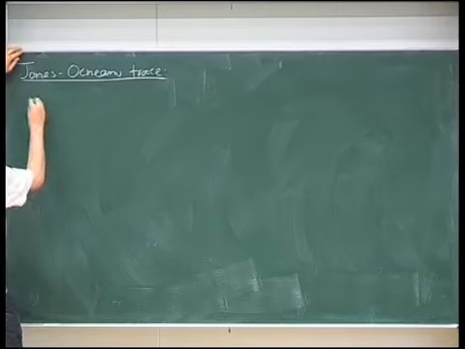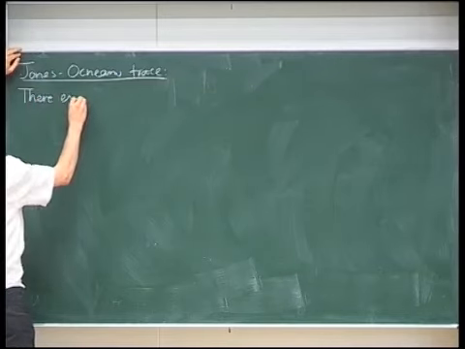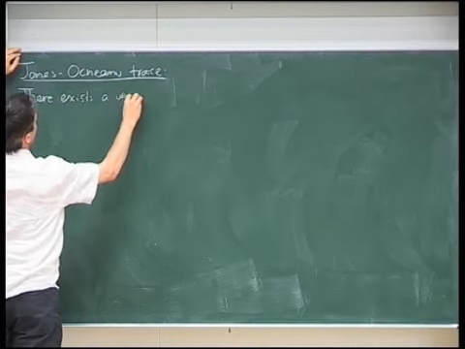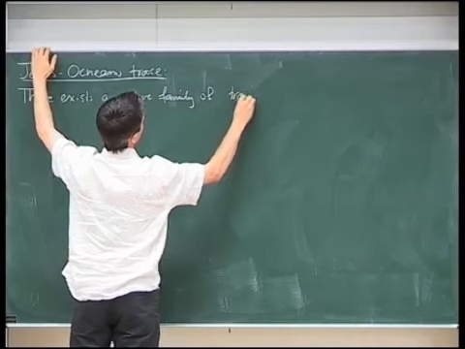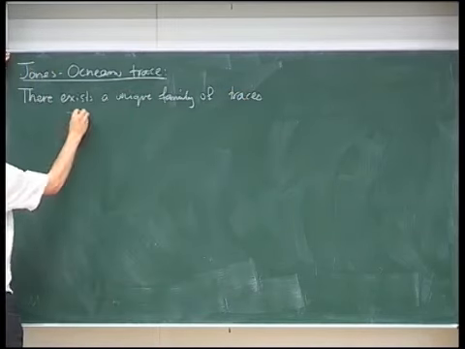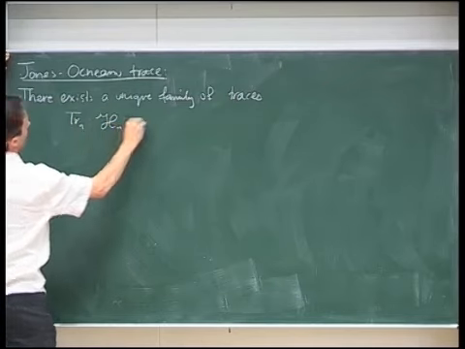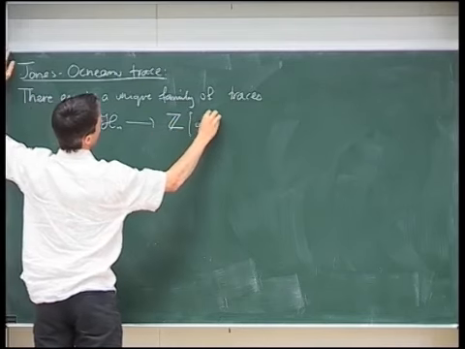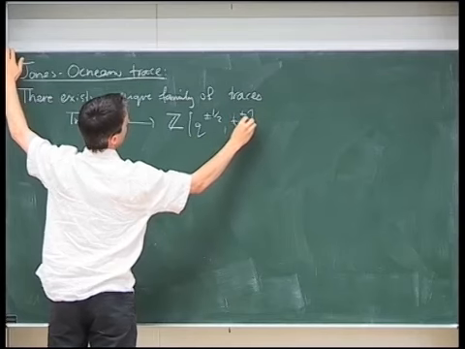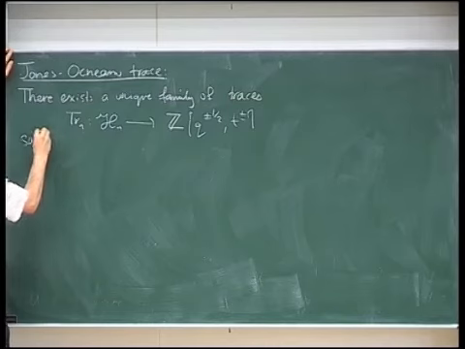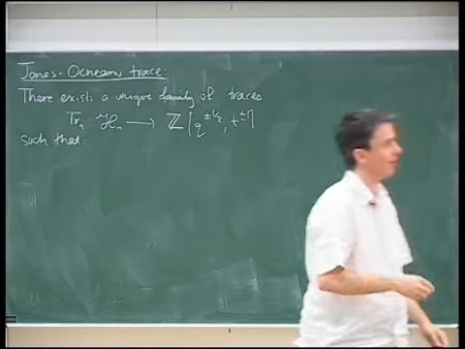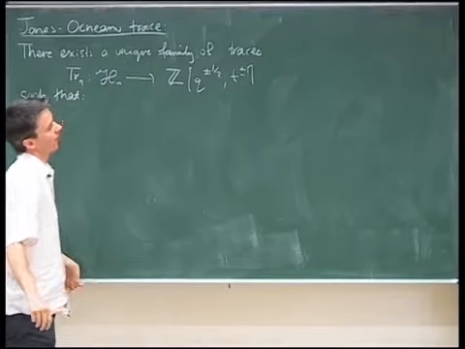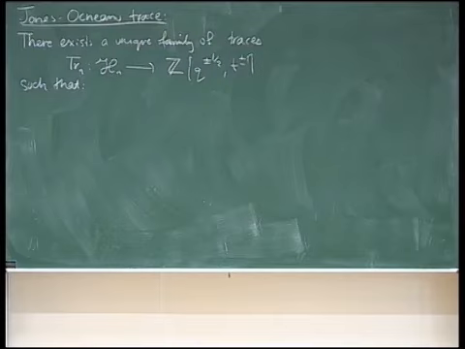So what they show is there exists a unique family of traces Tr_n from H_n to Z[q^{±1/2}, t^{±1}], such that, and now I'll write down the algebraic properties, and then go through and explain what they correspond to geometrically. So the first property is normalization.